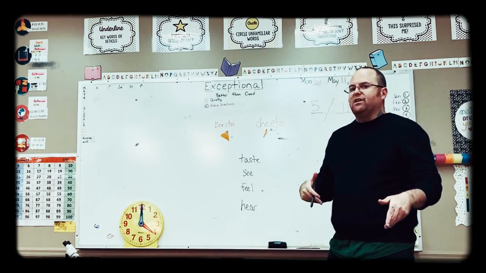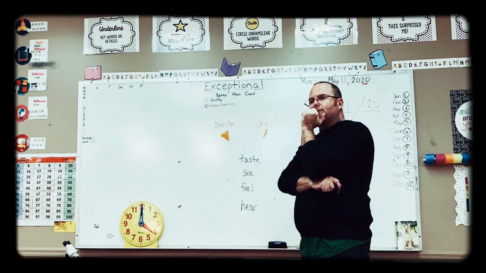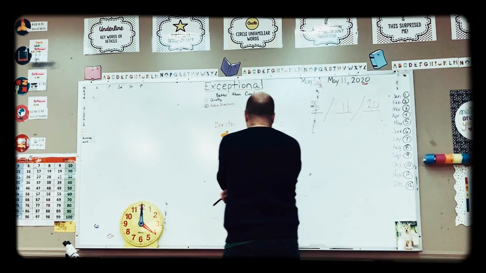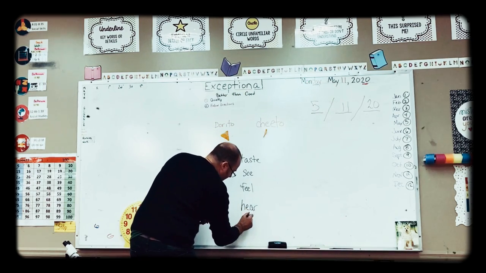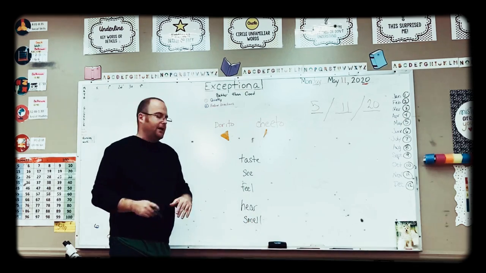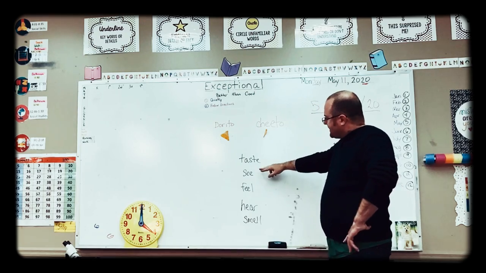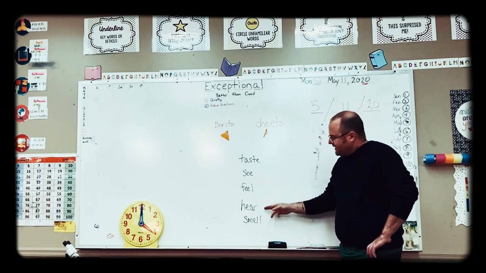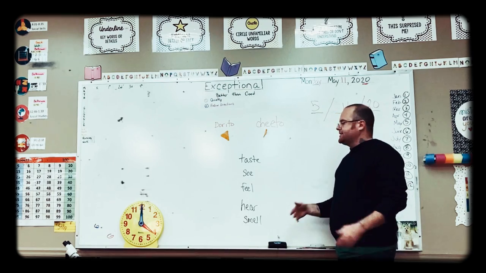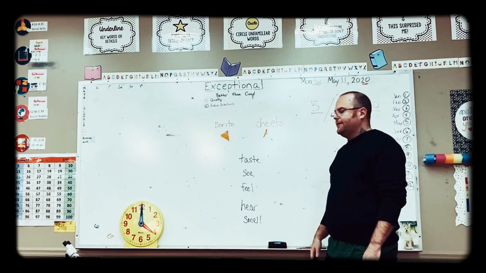Taste, see, feel, hear. What else is there? I know I'm missing one. 5 different senses. We got our nose. We can smell. You smell what the Jimmy is cooking? All right, let's look at this. I can taste, I can see, I can feel, I can hear, and I can smell. Let's see if these 5 senses can help me figure out which one is better, the Dorito or the Cheeto.